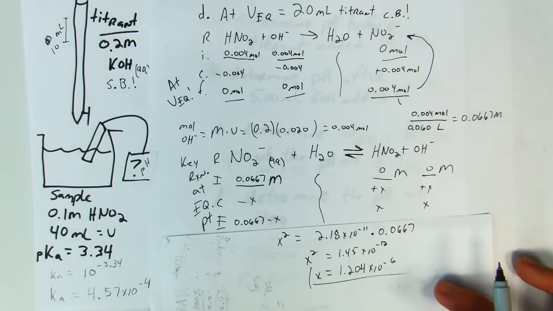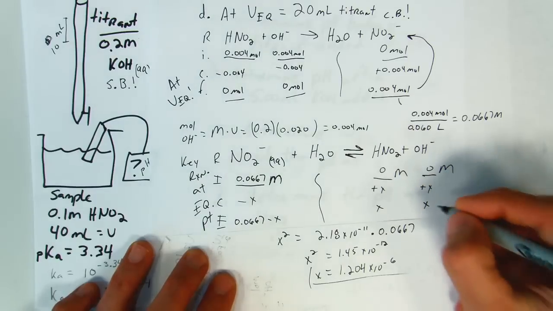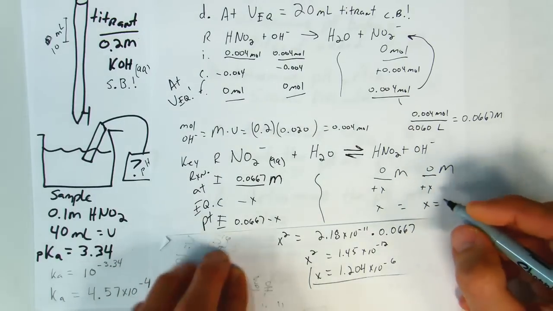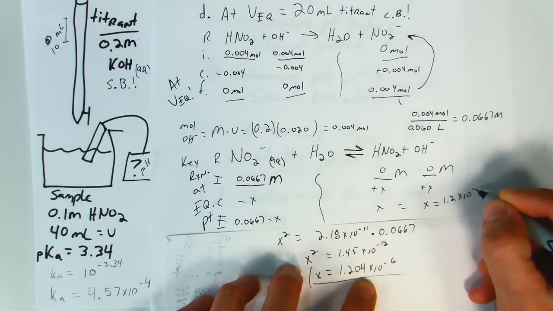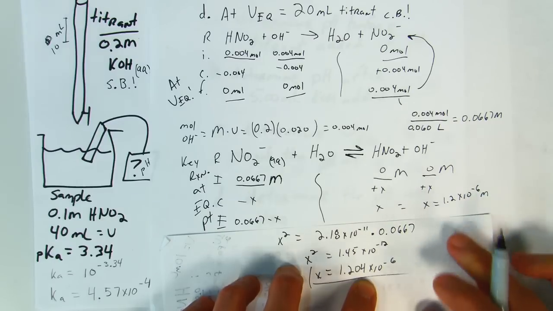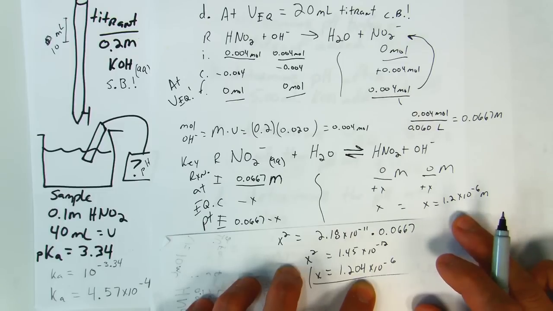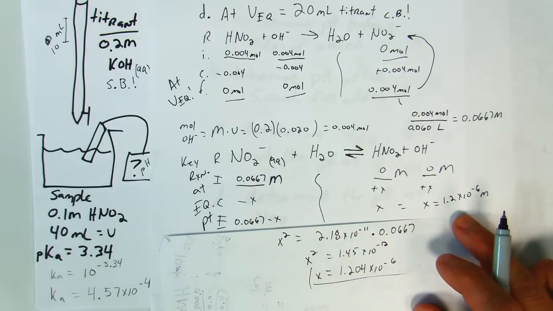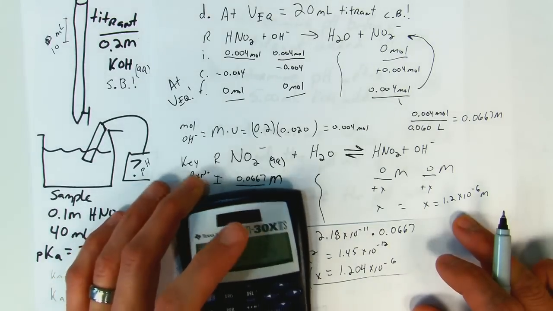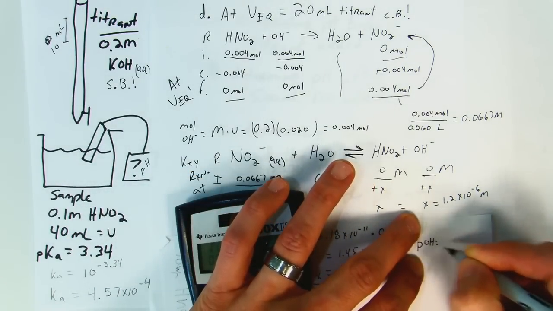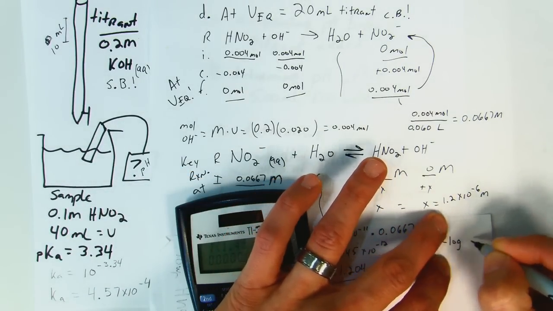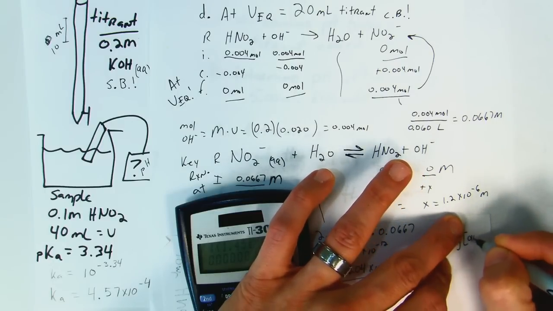Now if I go back to my table, I can understand what that means. And it looks like it's the concentration of hydroxide. So my hydroxide concentration should be 1.2 micromolar in this particular solution. I can use this knowledge to help me calculate pOH as the negative log of that concentration.